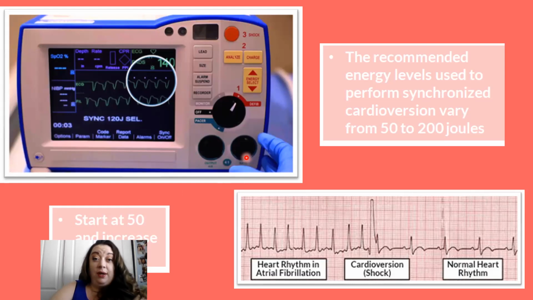Your patient is usually awake for this. We'll give them pain medication or Versed or something to calm them down because it hurts. We're literally shocking them. So if your patient's alive with a somewhat organized rhythm, SVT isn't ideal, but it's still organized. I still have a PQRST going on. We're going to cardiovert. Synchronized cardioversion means that you're shocking at a very specific point in the cardiac cycle so that you don't cause cardiac arrest.